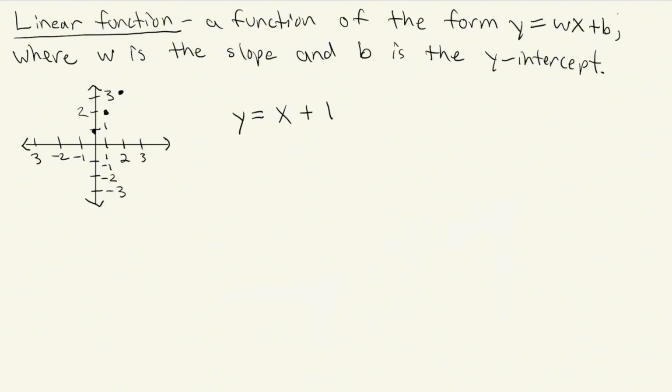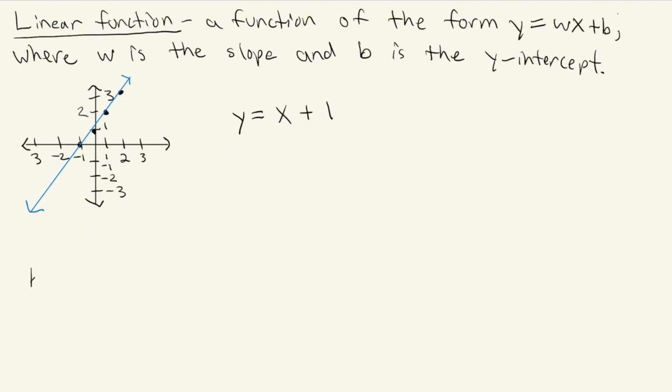And when x equals negative 1, y is equal to 0. So we have a rough idea what this is going to look like. Let me draw a line that goes through these points. And this is what a graph of a linear function is going to look like.